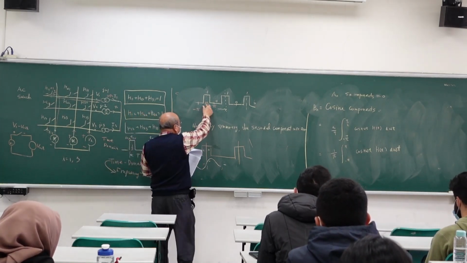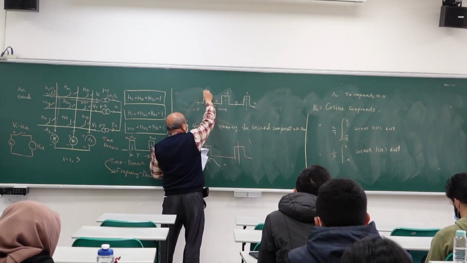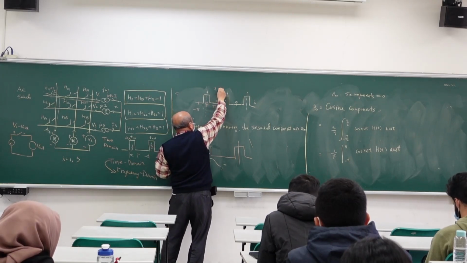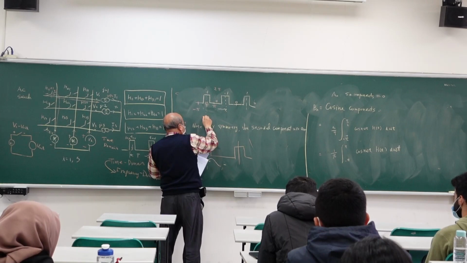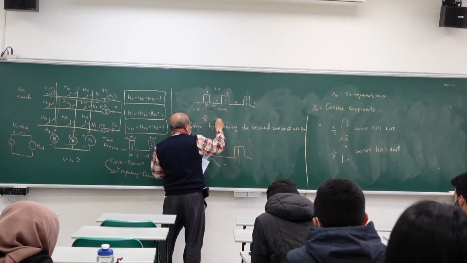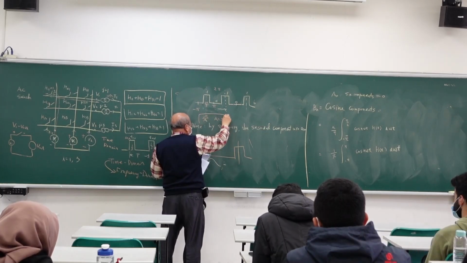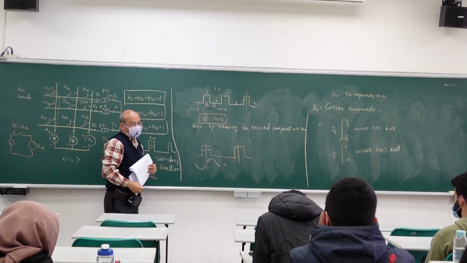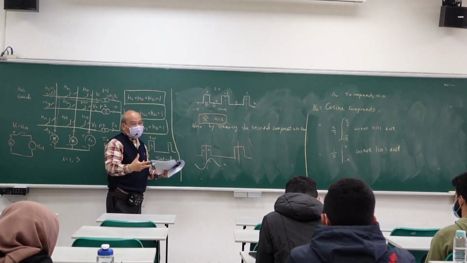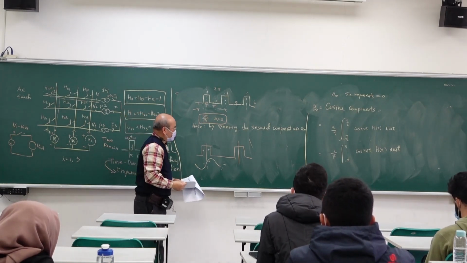So how about this one? We call the whole period 2 pi, but this one is 2 pi divided by 3. We call it 2 pi divided by a. A is 3. Can we say this way? A is 3, right? 2 pi divided by 3.